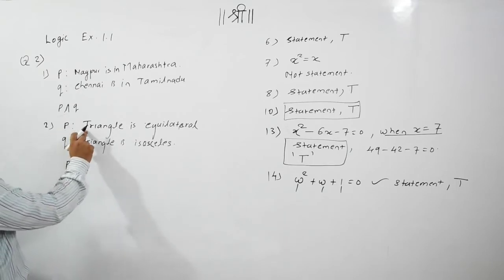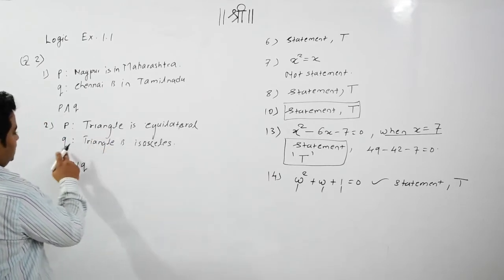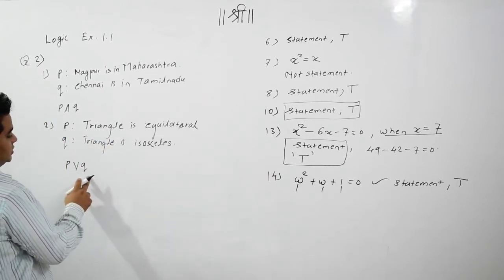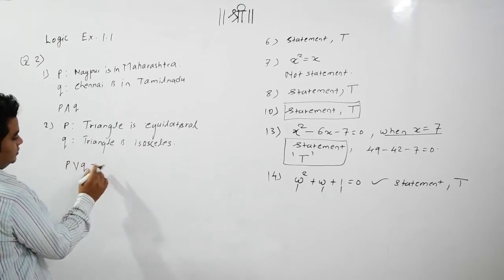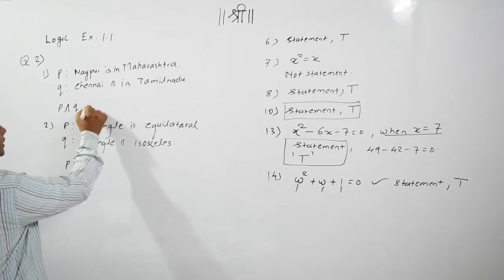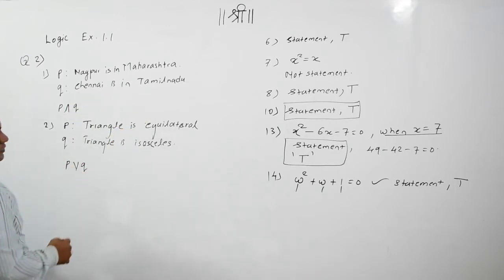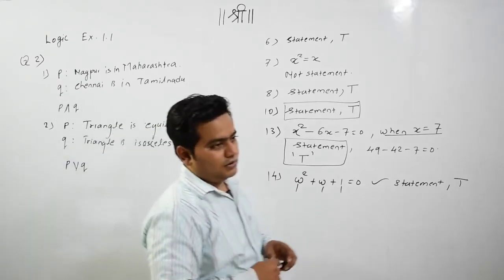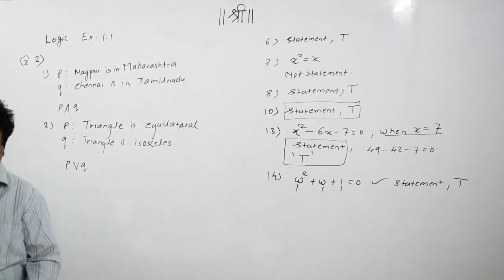If we consider the symbol P for this statement and the symbol Q for the following statement, the total symbolic form of the statement is this, which represents the connective or. You can also write the whole statement there, but this is the required form. So the symbolic form is P or Q. Similarly, we can solve the next question. What is the next question?